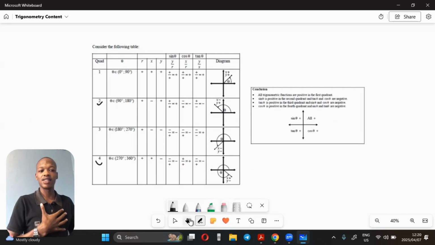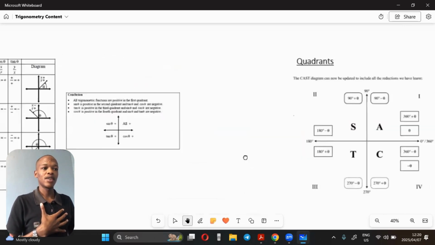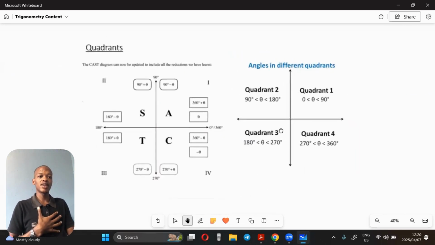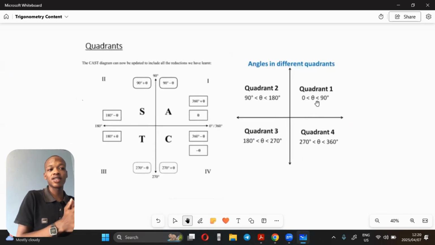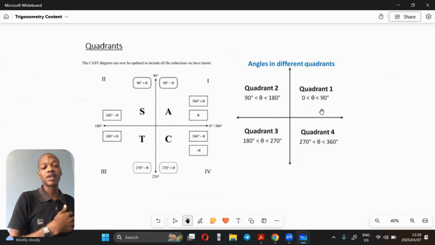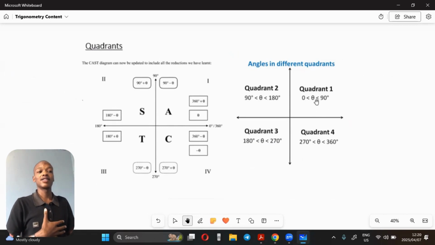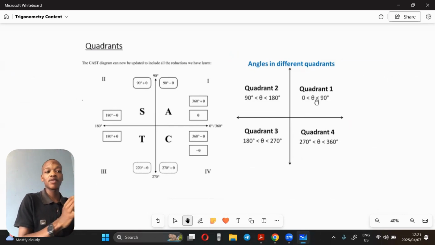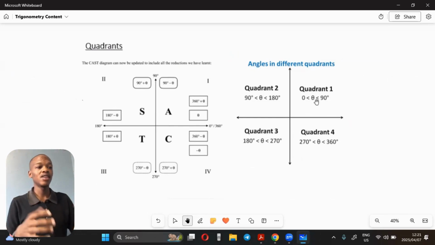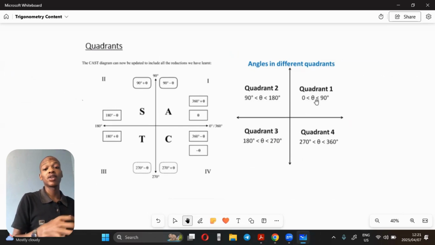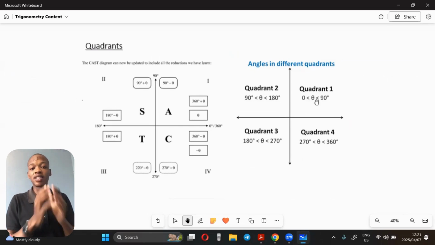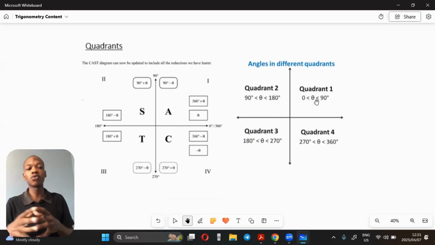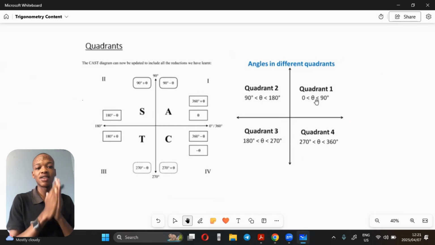That is all you need to know for that part. For your quadrants, you have to know, as already specified for quadrant 1, all angles there should be greater than 0 but less than 90 degrees. Whenever you are given an acute angle, it will fall under quadrant 1. It will help you to easily identify a particular quadrant so you can make use of a reduction formula.